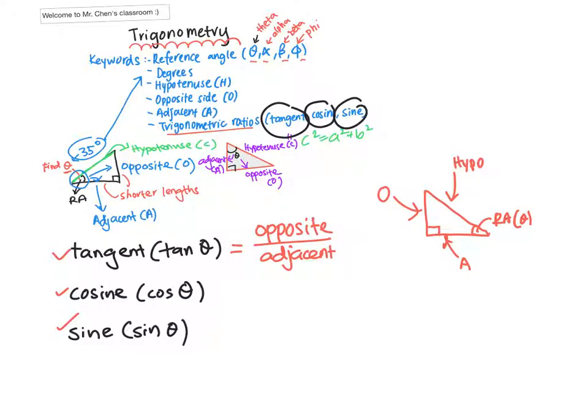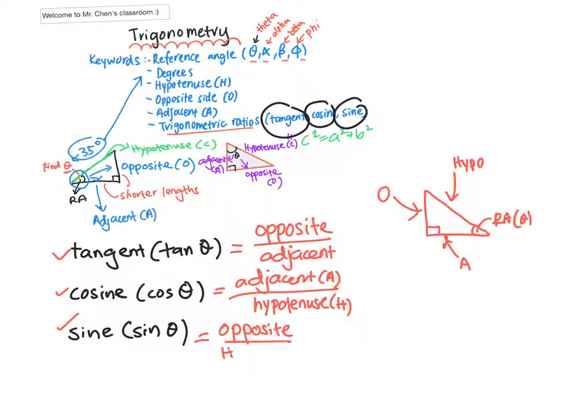For cosine, it is adjacent over hypotenuse. And the last one is sine. What is sine theta? It is opposite over hypotenuse.